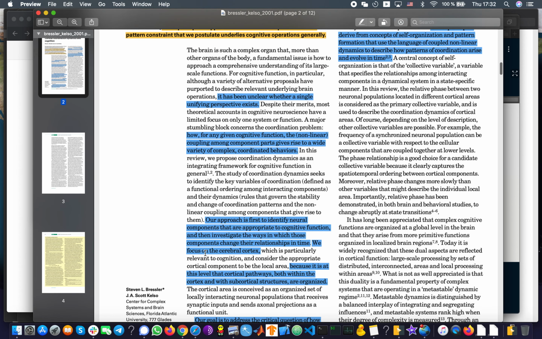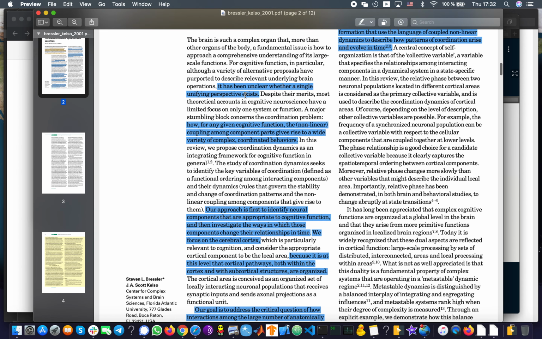They said it has been unclear whether a single unifying perspective exists. This is actually close to the binding problem: how can you take a unified picture out of the interaction between neurons?